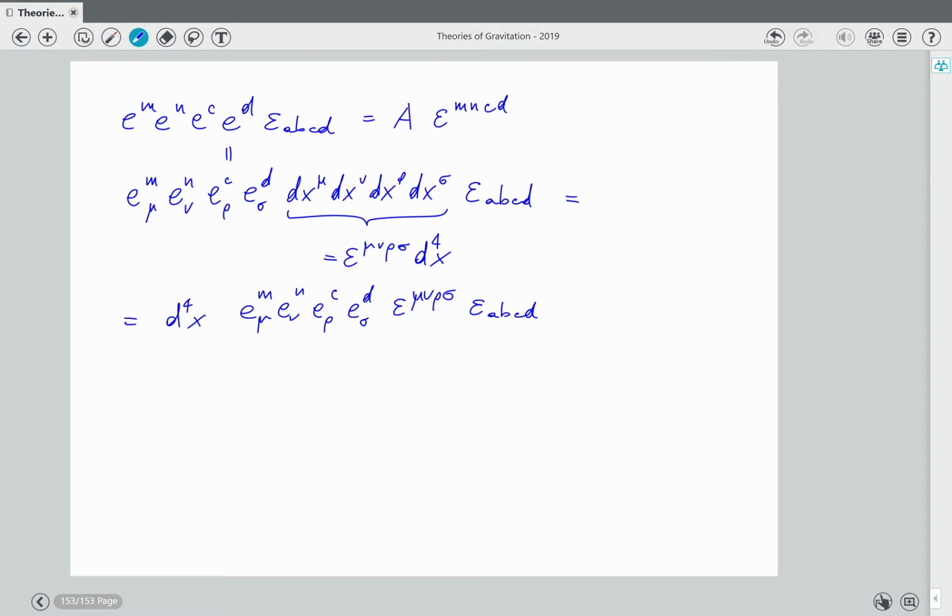Okay? Now, if we want to find A, it's sufficient to multiply both sides there by epsilon_{mncd}. And use the fact that epsilon_{mncd} epsilon^{mncd} is equal to minus 24.